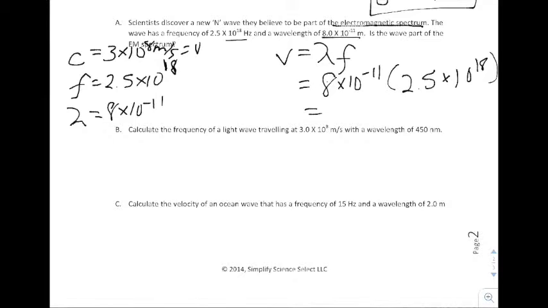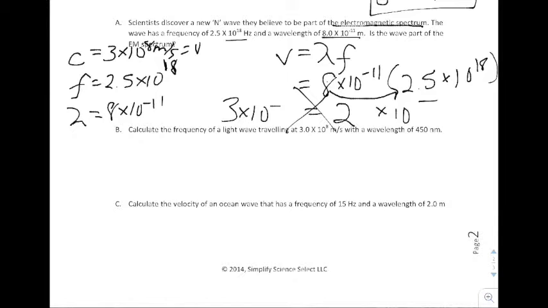I don't actually even have to multiply it out really, because 8 times 2.5 is actually going to be like 20, but whenever you multiply it out, it's going to be 2 times 10 to the something. Well, 2 times 10 to the something cannot equal 3 times 10 to the something. So because of that, this is not a true statement. Therefore, this wave cannot be classified as an electromagnetic wave.